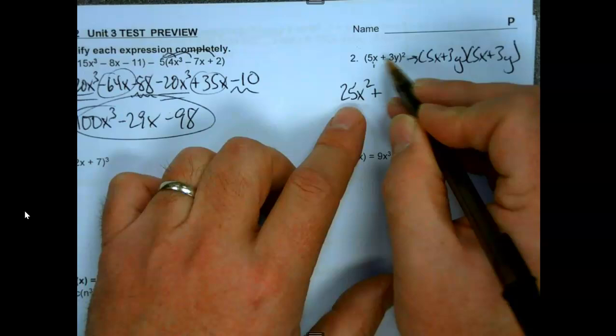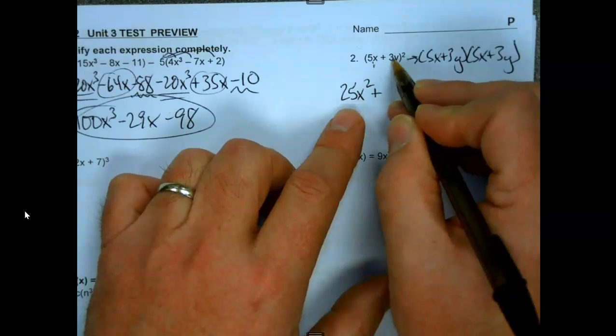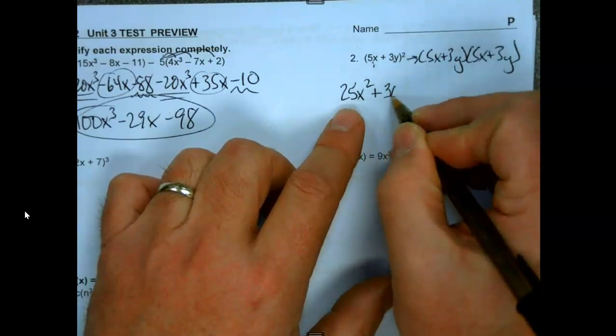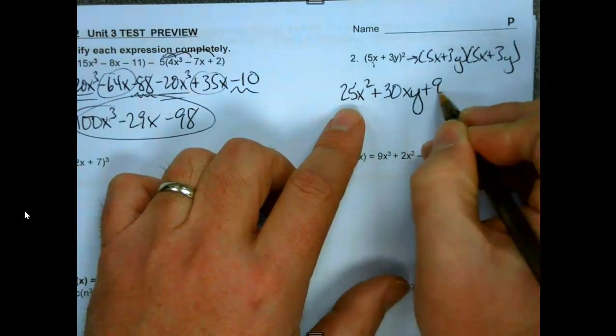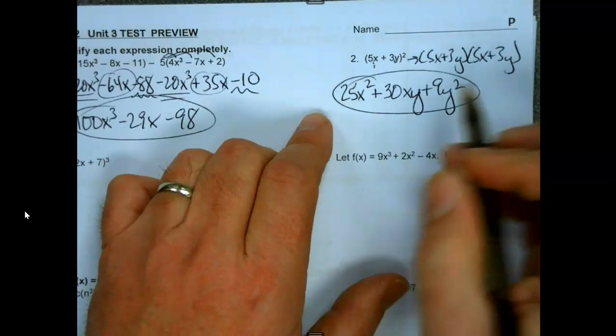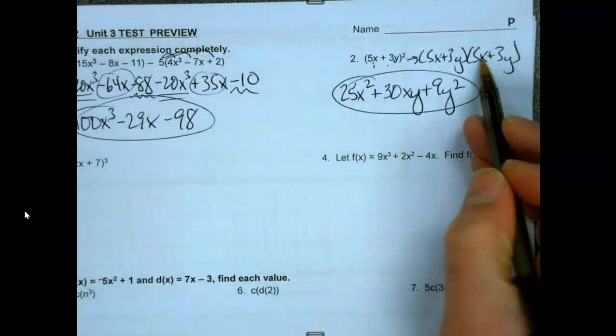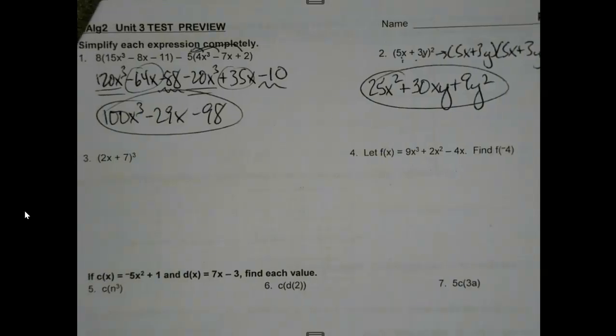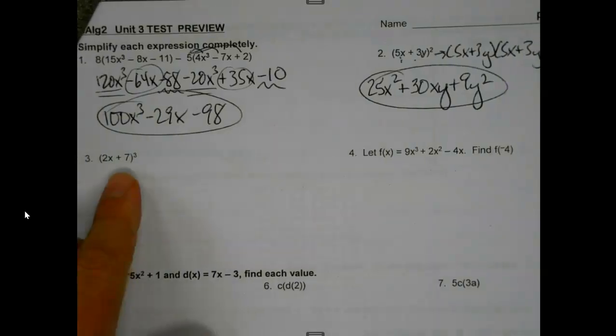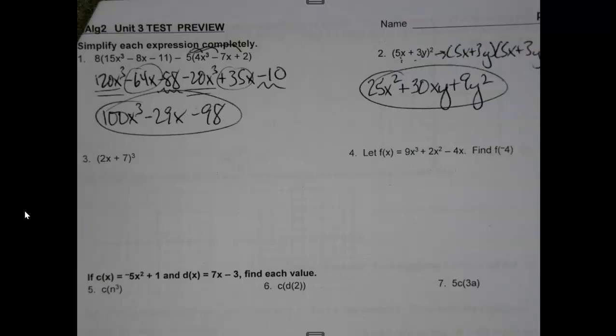So 5x times 3y is 15xy, and double it, 30xy. Square your last term. You will get the same thing whether you follow the pattern I just did or you FOIL over here. Just don't lose any variables. It's kind of important.